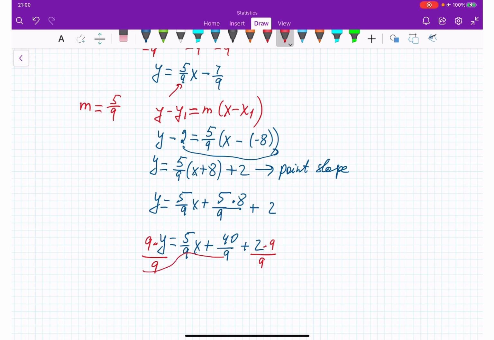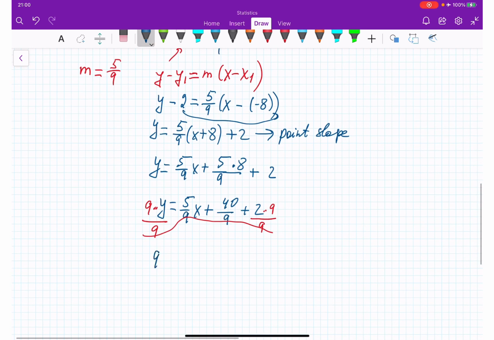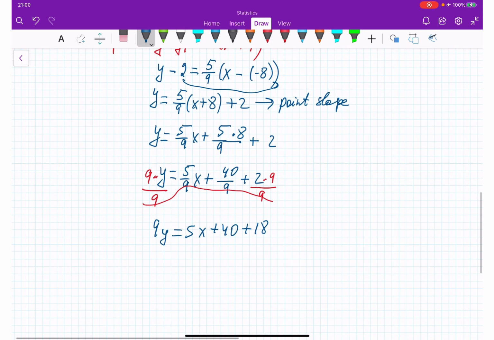Yes, that means I can drop this denominator and I will get 9y is equal to 5x plus 40 and then plus 18, which means 9y equals 5x plus 58.